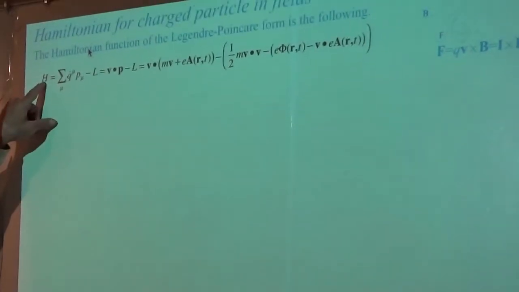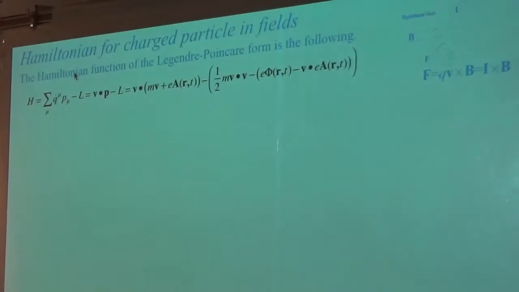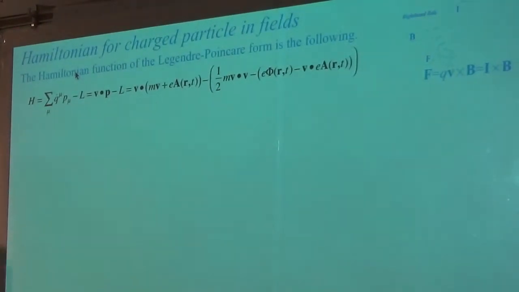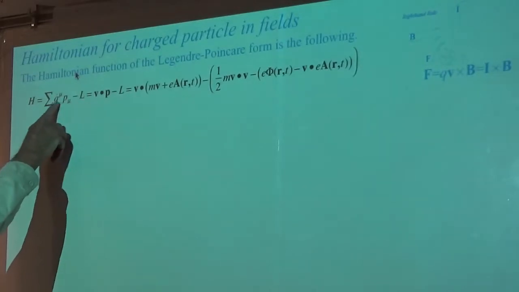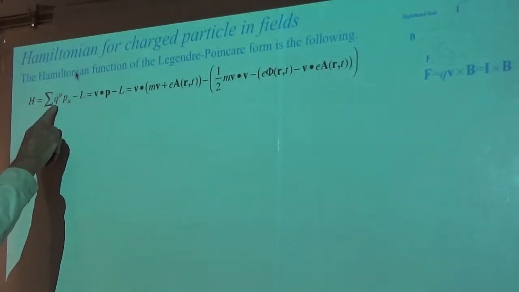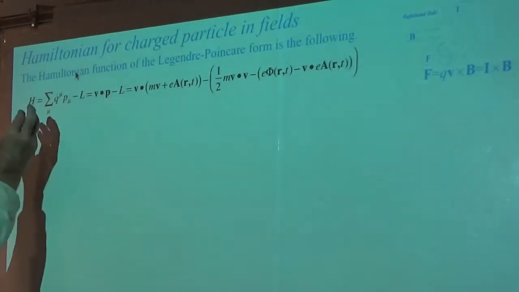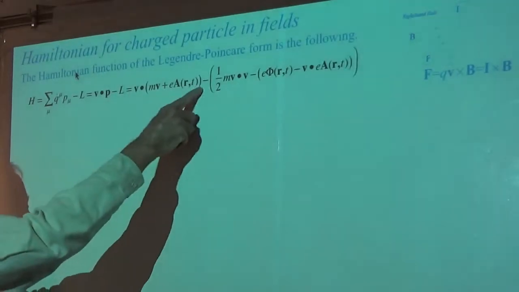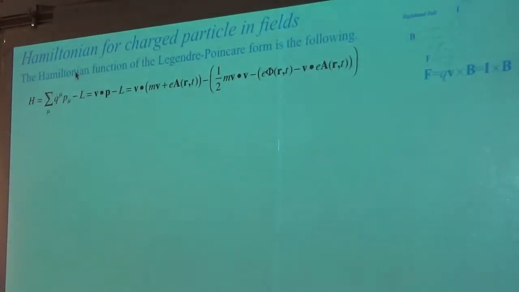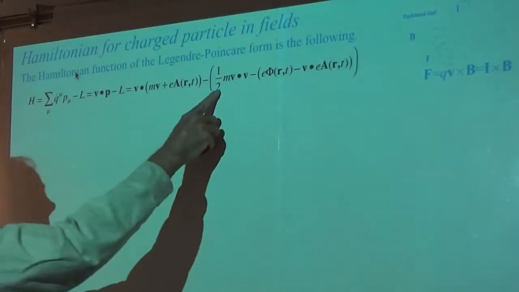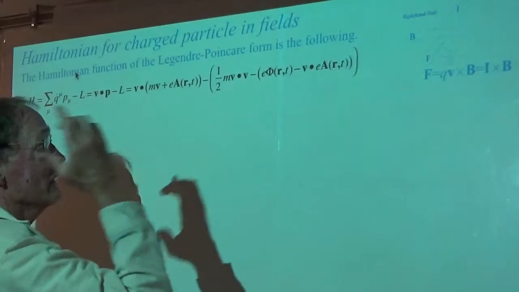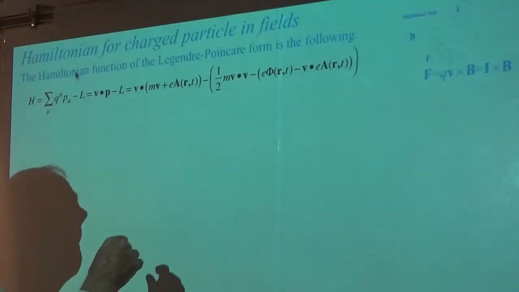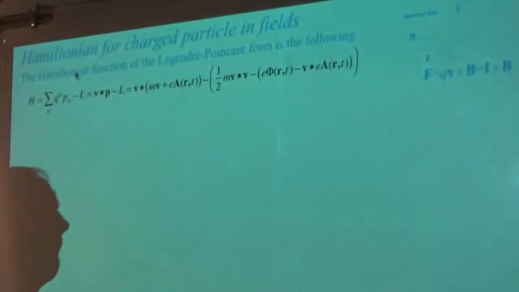So I'm going to use the Poincare-Legendre identity for the Hamiltonian. That's velocity times momentum, the action, reduced action, minus the derivative of the action, the Lagrangian itself: v dot p minus L. Okay, v dot this p, the p that's got the vector potential with the plus sign, minus L. And here's the L in the form that we just worked out, with a minus of all of that stuff.